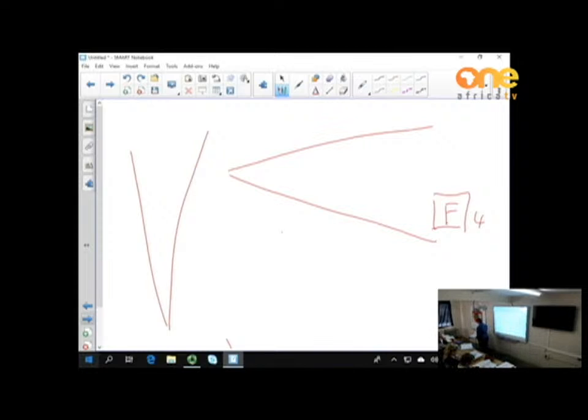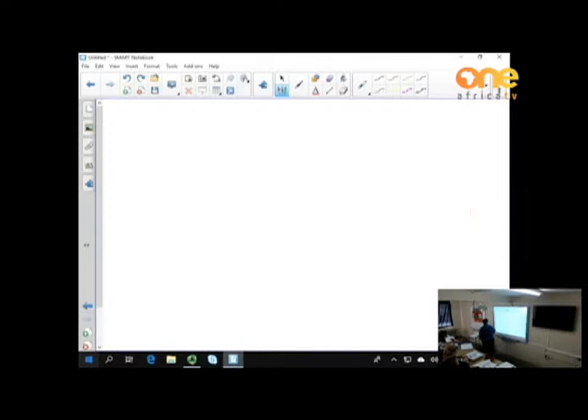Okay, one more thing. The coordinate bond. A coordinate bond, we said both the shared electrons come from one partner only. And one example was ammonia.